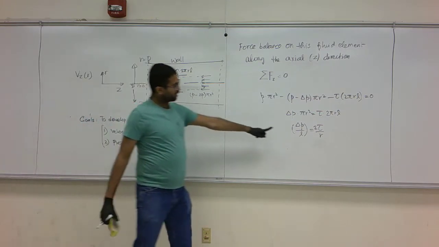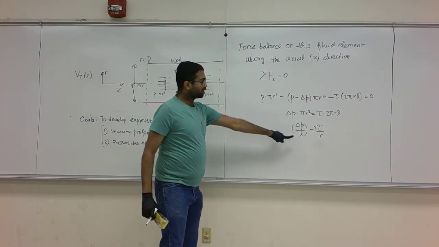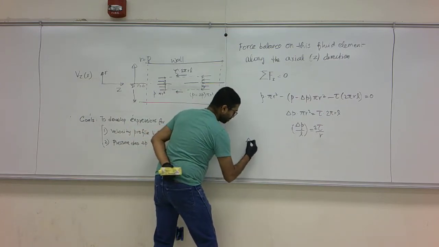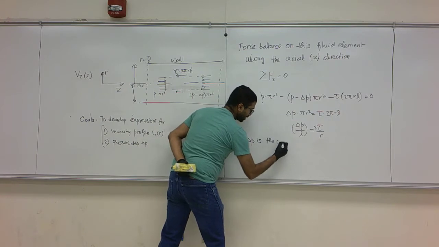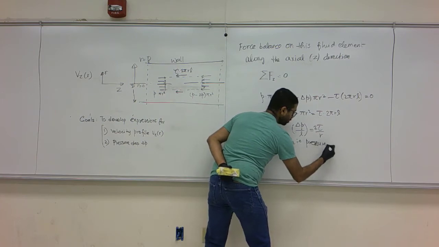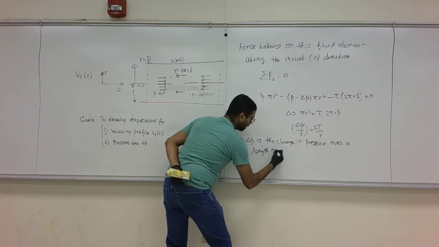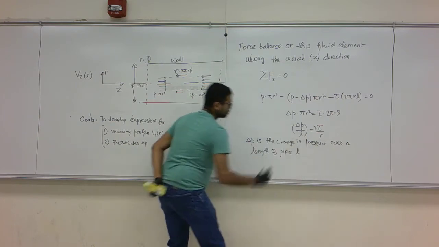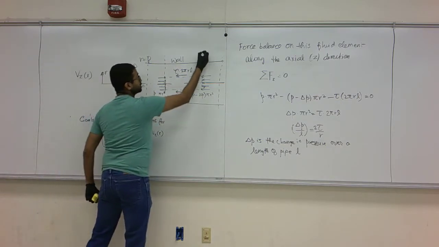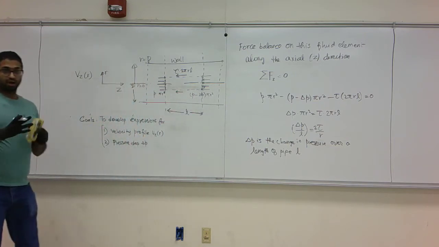Now, what is on the left side here? On the left side I have the change in pressure over a length of piping of length L. I'll write here delta P is the change in pressure over a length of pipe L. That is, if I consider this length to be L, this L could be small or large.